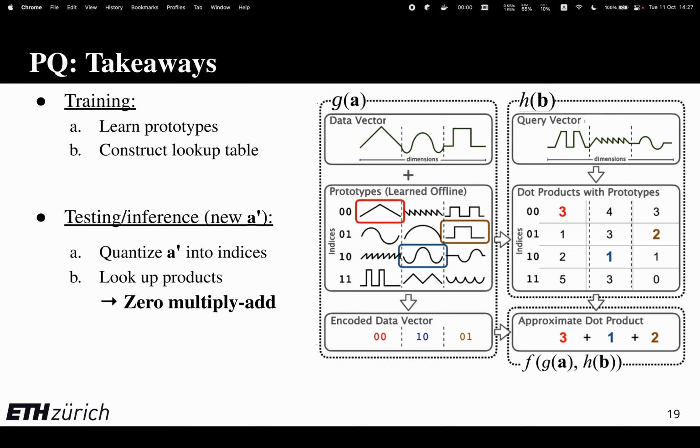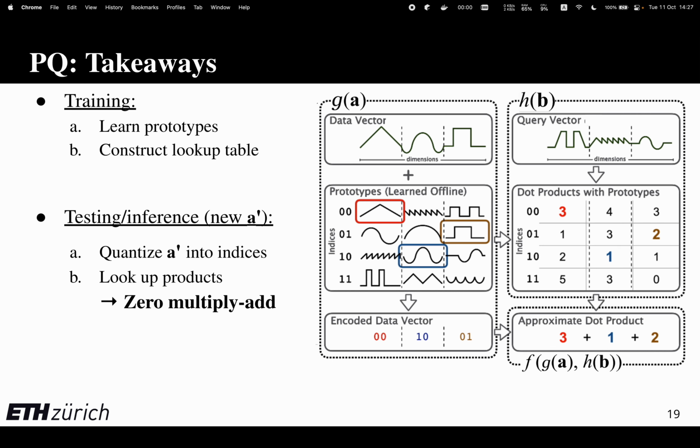Okay. So to summarize, during the training phase we learn prototypes for each subspace, and we construct a lookup table of all the dot products of each of the prototypes with the so-called query vector, the B matrix. During the test inference phase, where we have a new A prime data vector, we do the same encoding process for A prime.